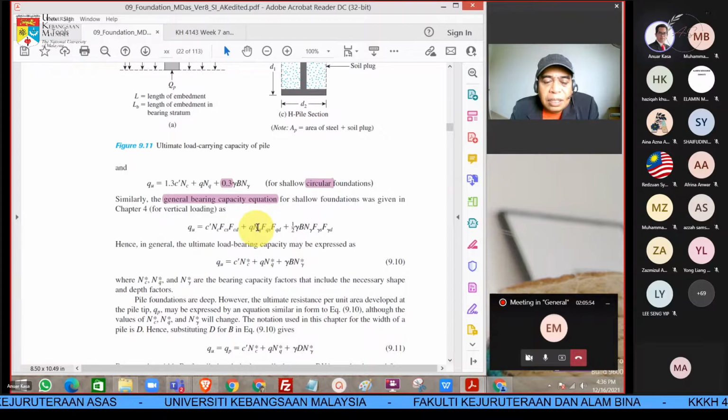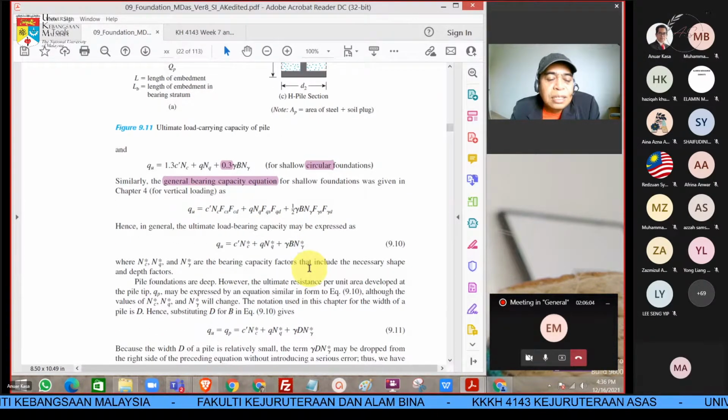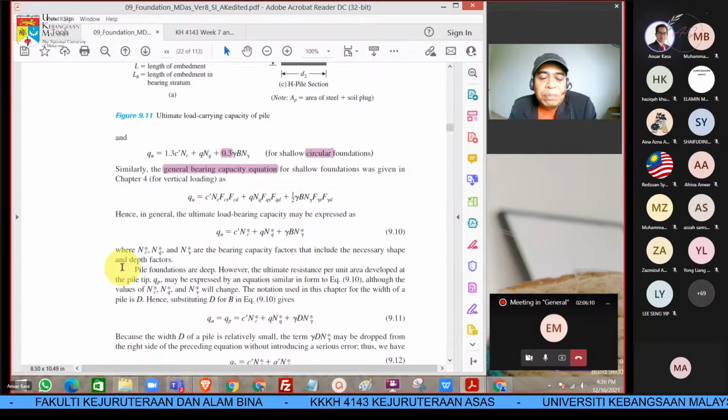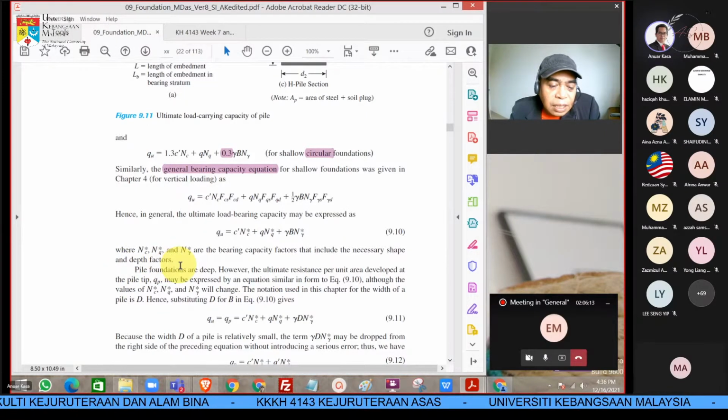So many factors here, if you still remember. So we are going to use a lot of tables to get the N factors, for example, the depth factor and so on.